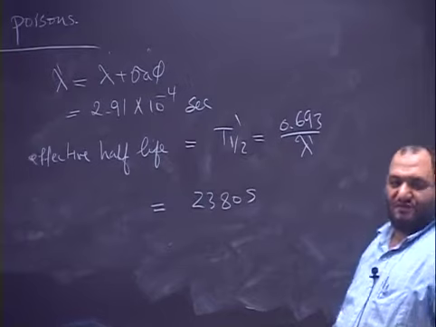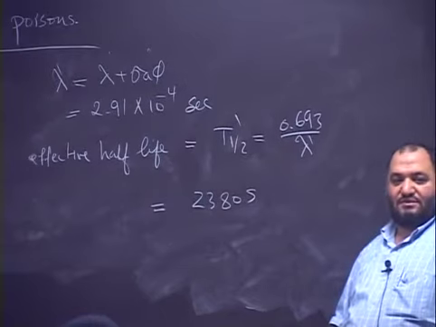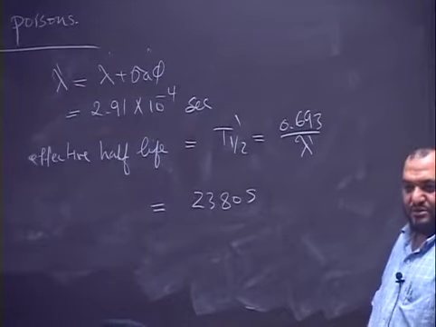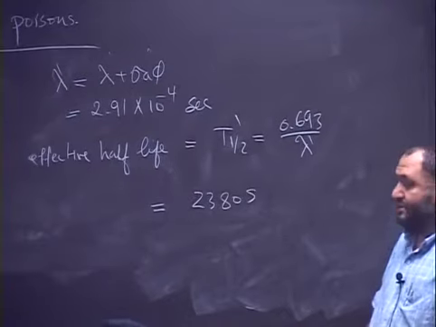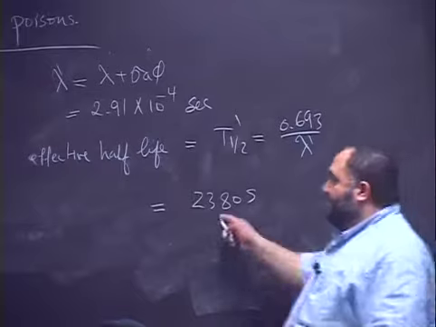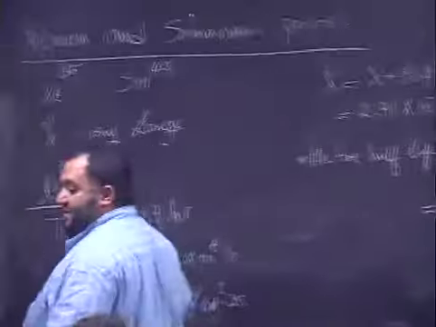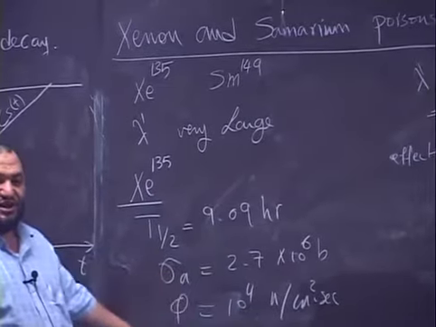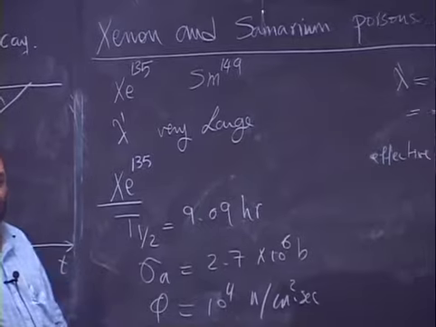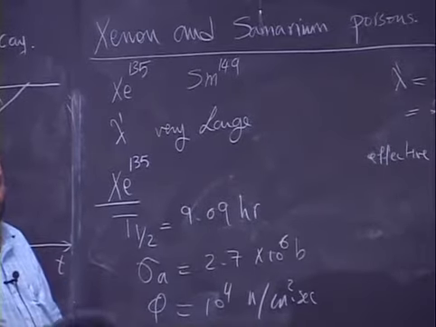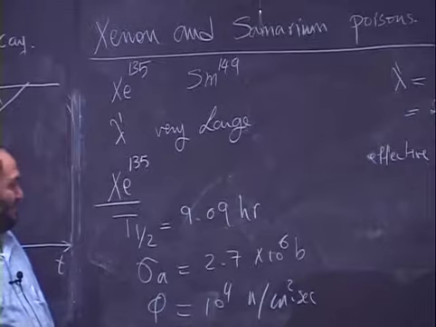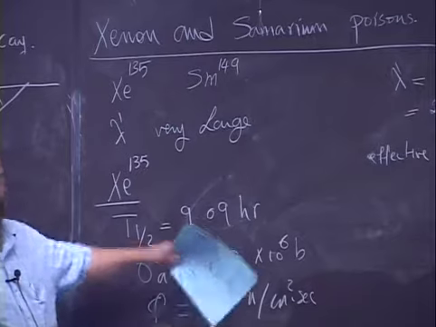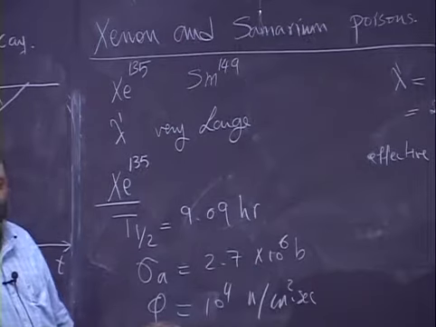So very large half-life, extremely large half-life based on the absorption and the decay. The decay half-life is just 10 hours, but what makes the effective half-life so different? The sigma absorption phi term, because it is very, very large compared to the decay term for the 9.9 hours.